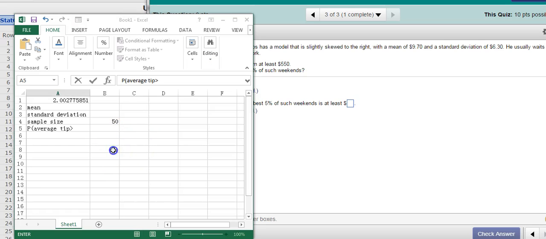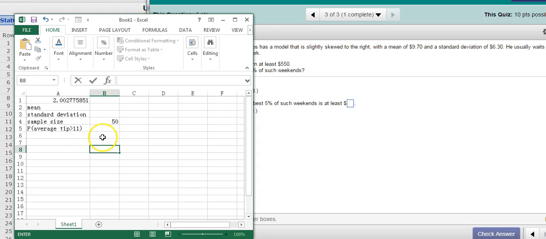So let's do that and see what we get. This is just a calculator. You can put this in your calculator. I get 11. So this question is equivalent to asking the probability that the average tip is greater than 11.